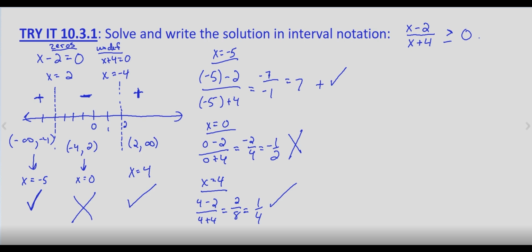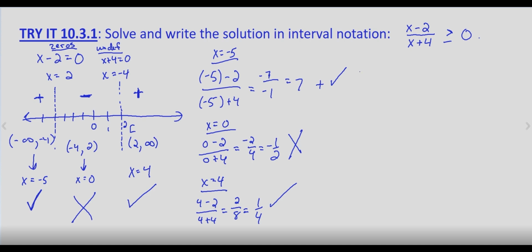Now, because this inequality is inclusive, it includes the equal, we need to include the 0 as well. And our 0 is at x equals 2. So on the interval where it's positive, where it satisfies our inequality, we end up with a square bracket because 2 is a 0, and 0 is greater than or equal to 0.